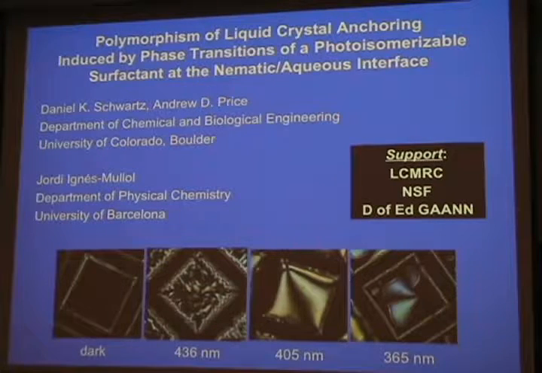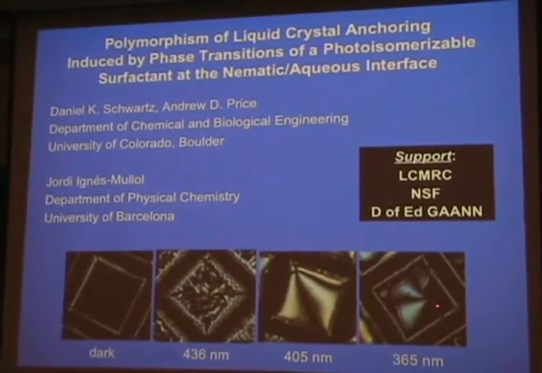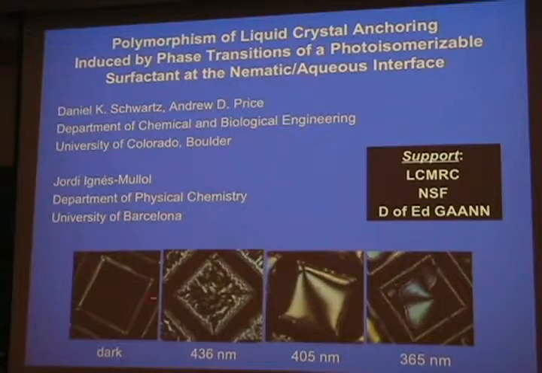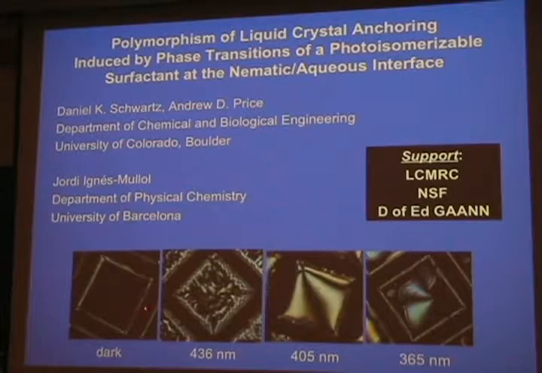And the typical phenomenon that I'm going to report is shown here by polarized light microscopy, where if the system is in the dark and the photoisomerizable surfactant relaxes to its stable thermal form, you get homeotropic alignment of the nematic liquid crystal.